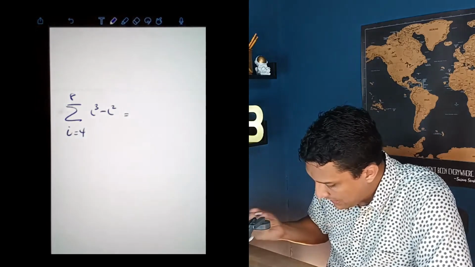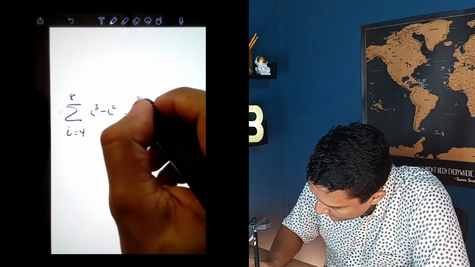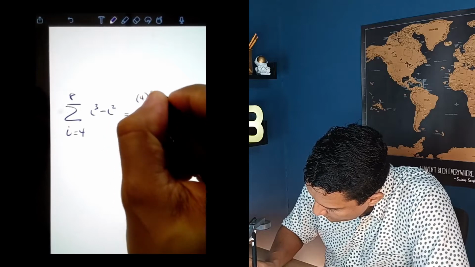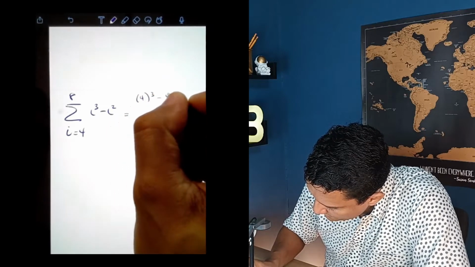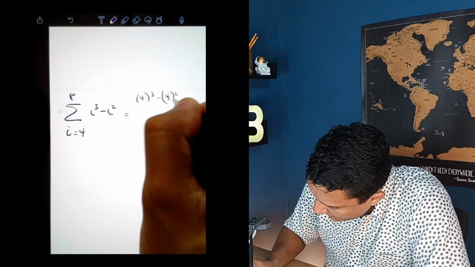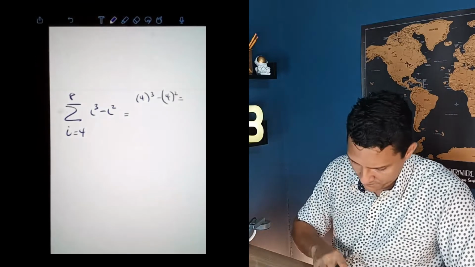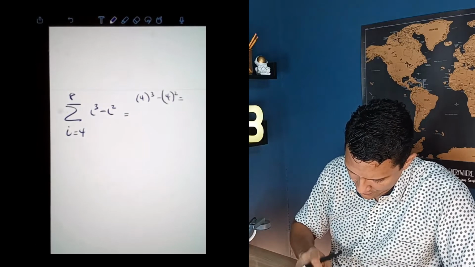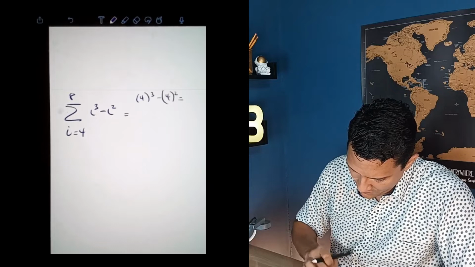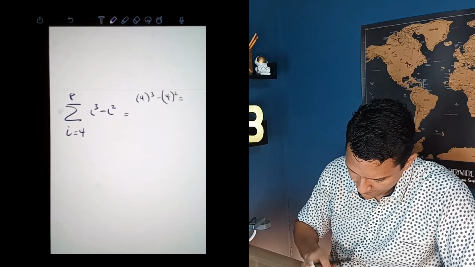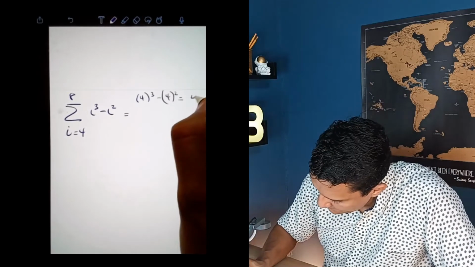And what I'm going to do, as I did before, is replace. So 4 to the third power minus 4 to the second power, that is 48.